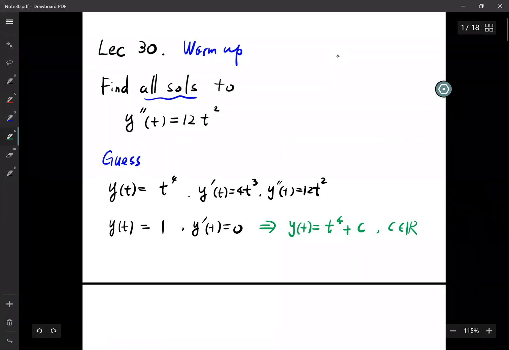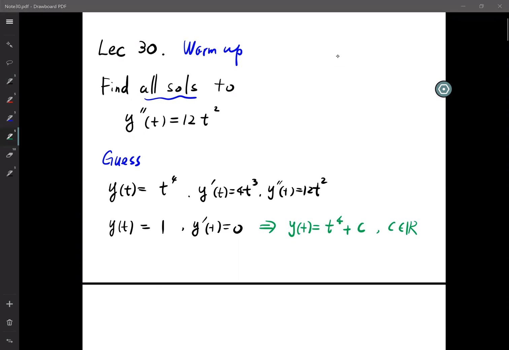Now let me change the question. Who thinks these are all the solutions? I mean, I already have an infinite number of solutions.